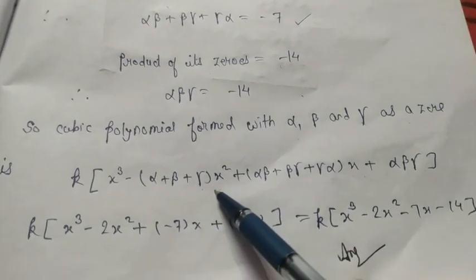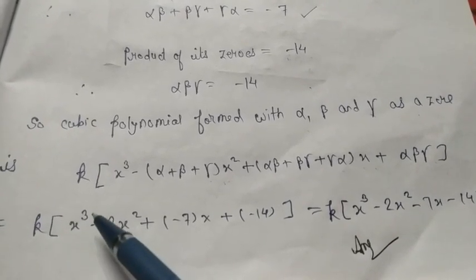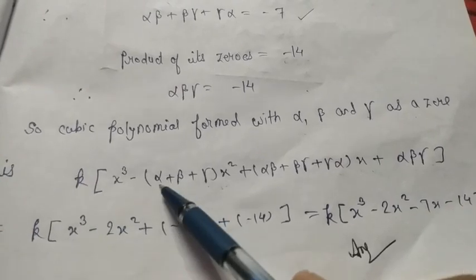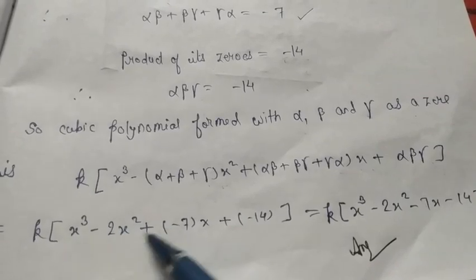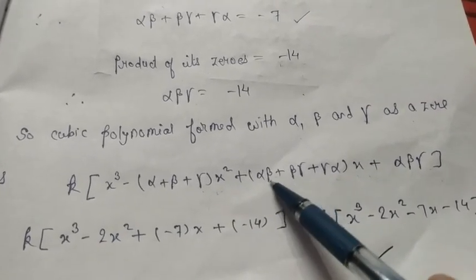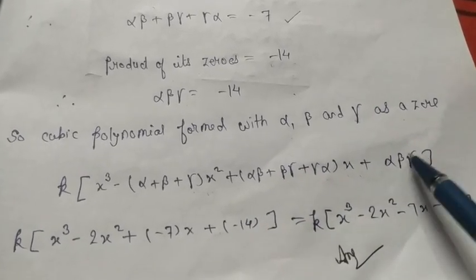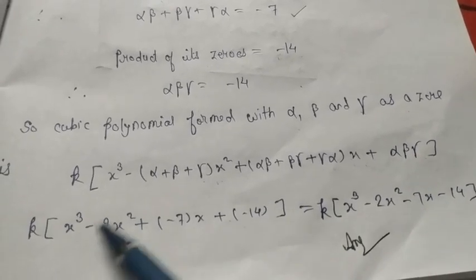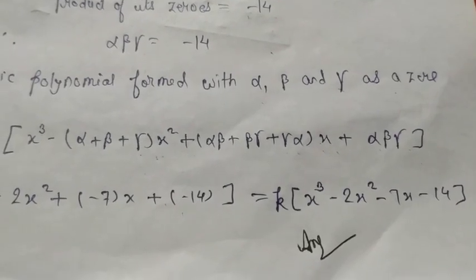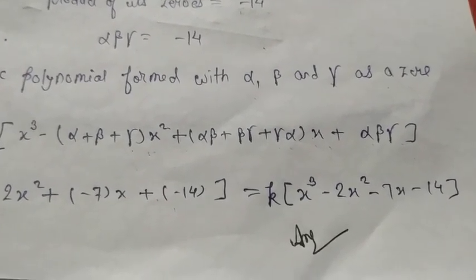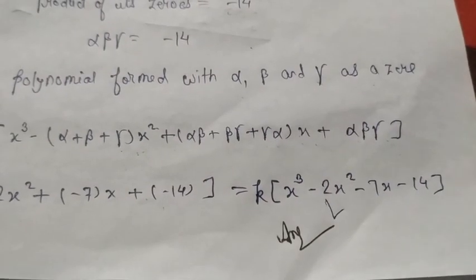The expression becomes k in bracket x cube minus, in place of alpha plus beta plus gamma I have put 2, so 2x square, then plus, and its value is minus 7 into x, and alpha beta gamma value was minus 14. So when you solve it, you will get k in bracket x cube minus 2x square minus 7x minus 14. So it is your desired cubic polynomial.